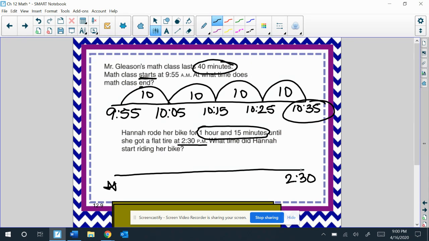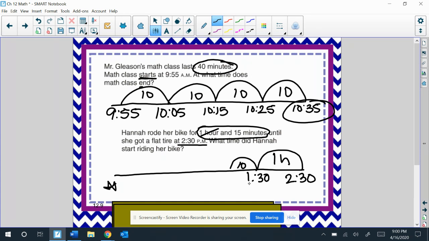All right, I'm going to go backwards by my 1 hour right here. I'm not going to touch the minute hand. I'm going to touch my hour hand. Well, 1 hour subtract, because I'm going backwards, 2 means this is 1. Now I can do my 15 minutes. I can go by 10.